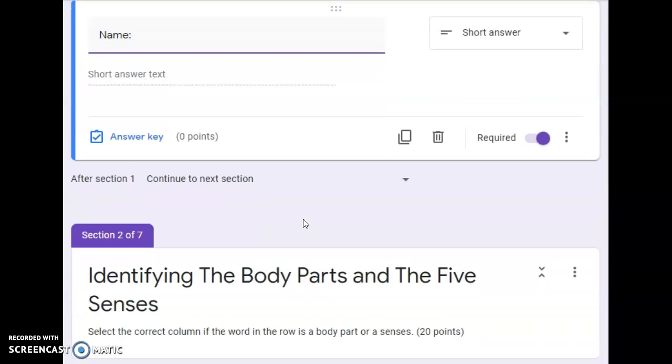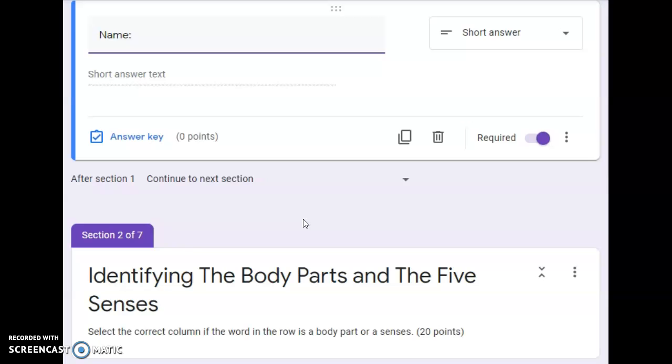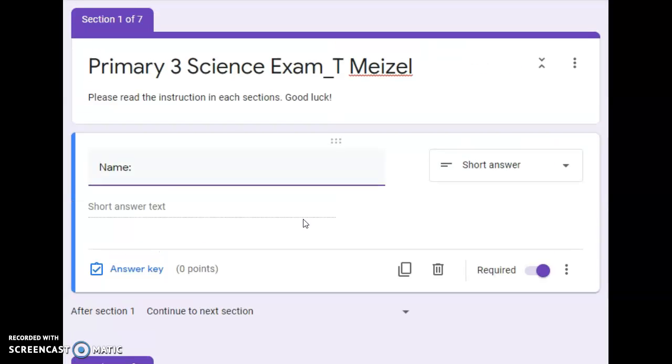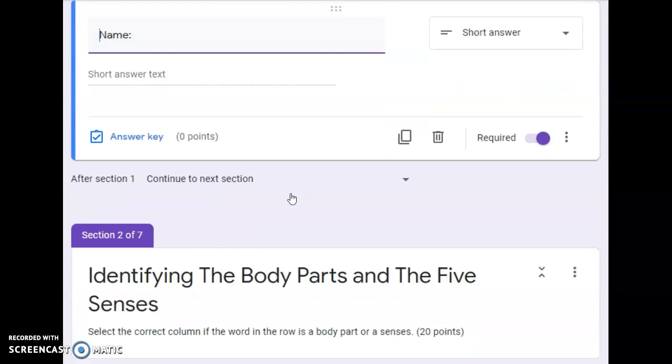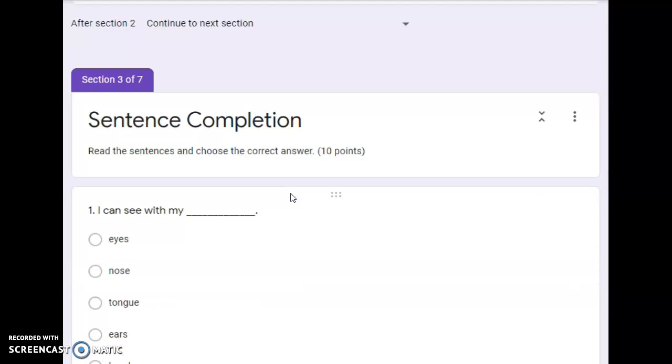Okay, so we have six types of tests. I'm sorry, we have section 7. Section 1 is about your information, like what's your name, and section 2 is about identifying body parts and the five senses. Section 3 is about sentence completion.